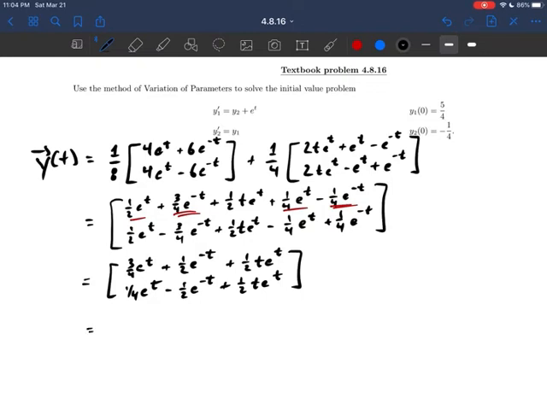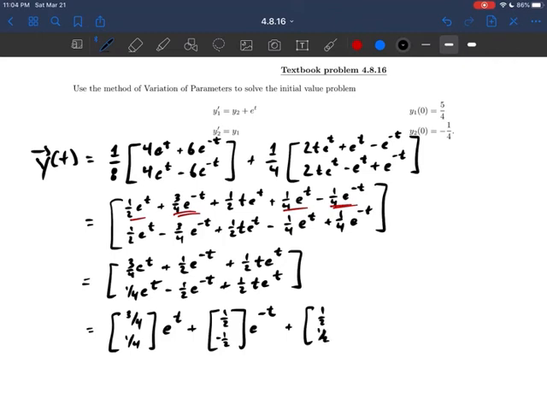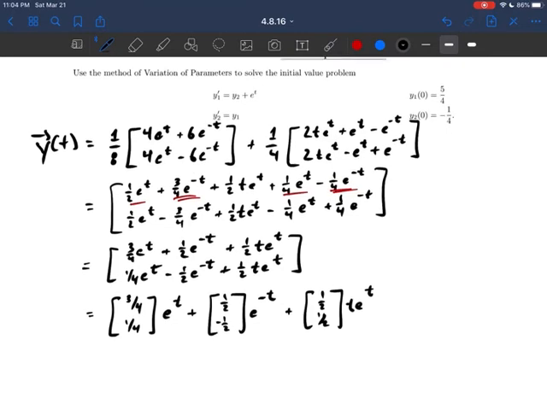And finally, we can break that out just a little bit. We're going to have 3/4, 1/4 times e to the t, plus 1/2, negative 1/2 e to the minus t, and 1/2 t e to the t.